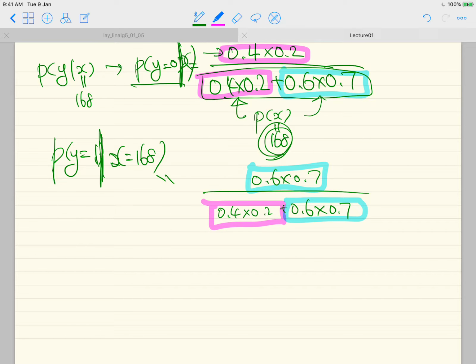So this is our posterior distribution of y. y still has two possibilities of being female or male, right? And suppose this probability is 0.16 and 0.84. So this is our posterior distribution of y when x is given as 168.